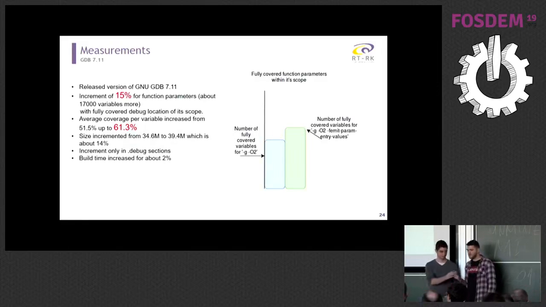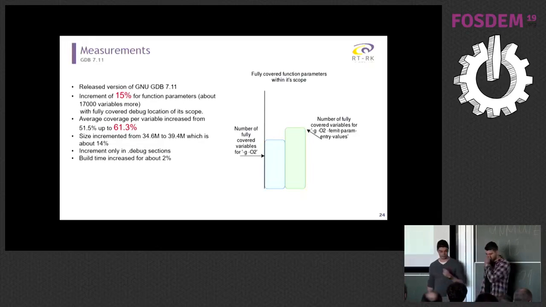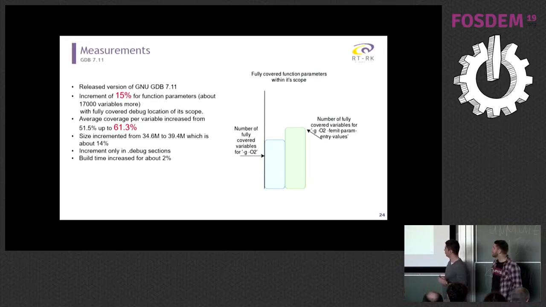On these metrics, I'm not entirely sure what the metric average coverage per variable really means, but I'm assuming that it's impossible to get 100% because some variables will be completely eliminated. There's no way to find them, even if you were perfect. Do you know what the theoretical upper maximum number would be that you could strive for? So the question is what is the theoretical maximum for coverage percentage.